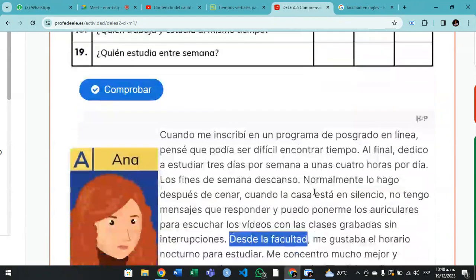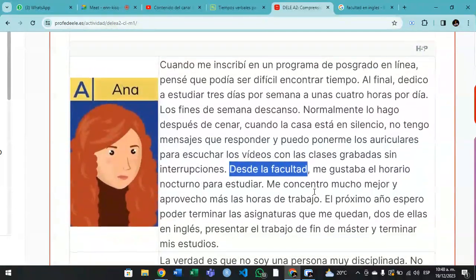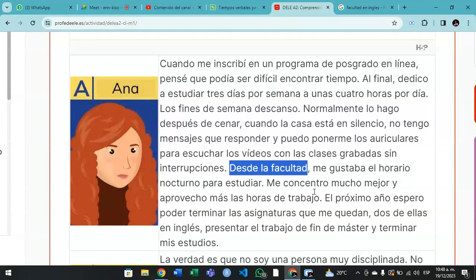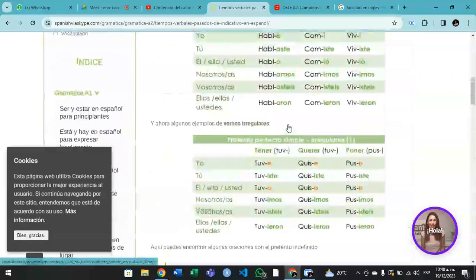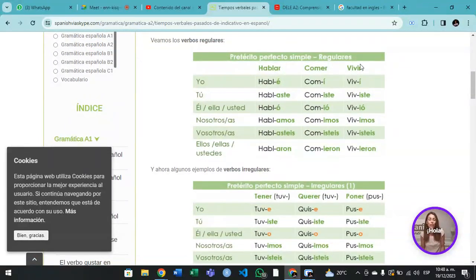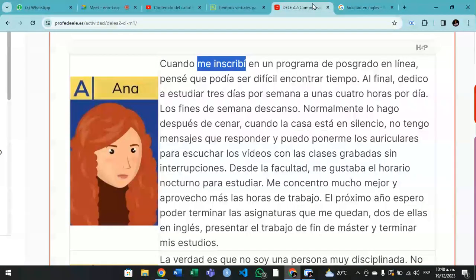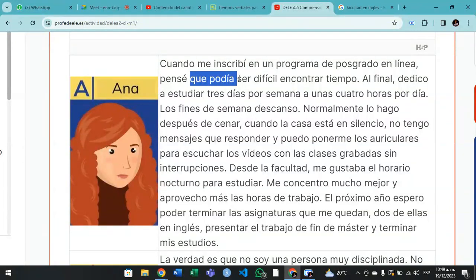Here this text is really good for the past sentences, right? So here, me inscribí. This happened once, right? And it's the kind of past that is like this. Then we have pensé, one time, but here que podía ser difícil encontrar el tiempo.